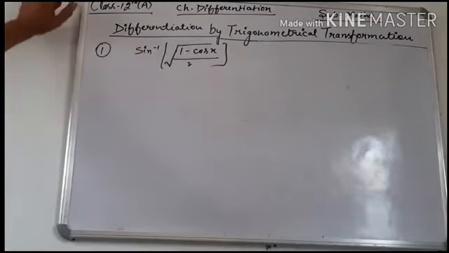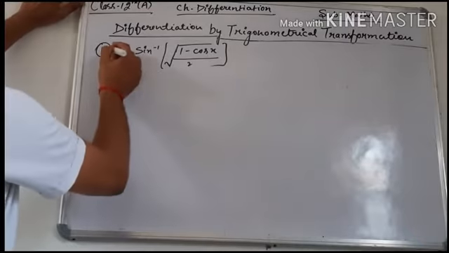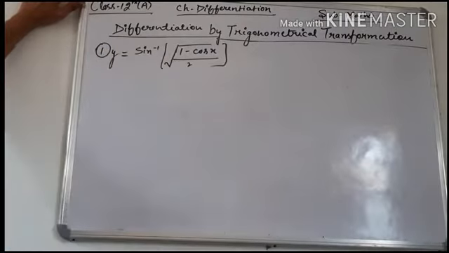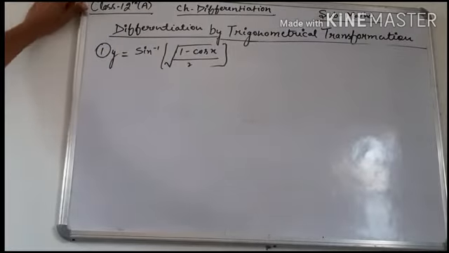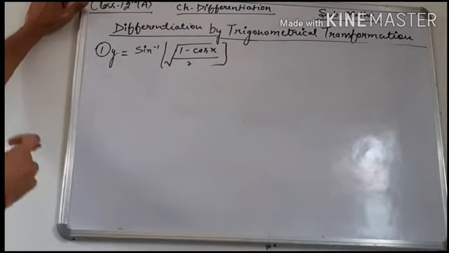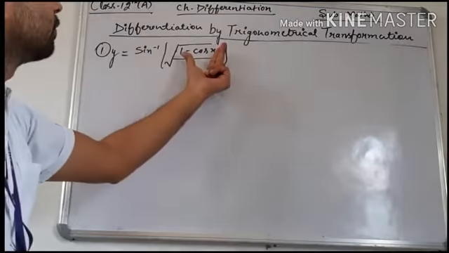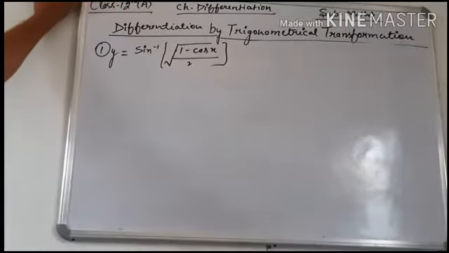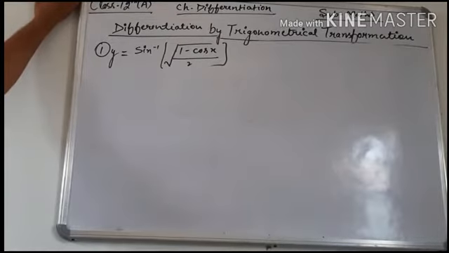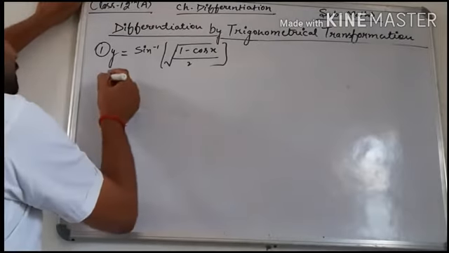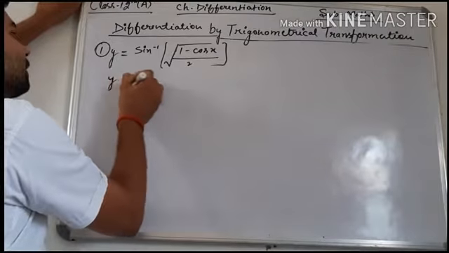Now how to differentiate this function? See the results I have given you. Is there any result for this 1 minus cos x? Yes, 1 minus cos x is equals to 2 sin square x by 2. So we can simplify it first.